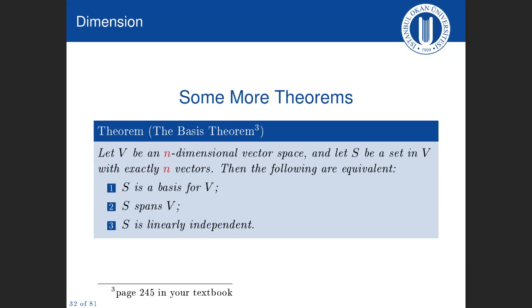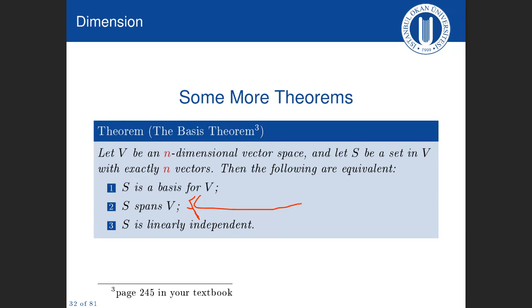Let's talk about some more theorems. First of all, let V be an n-dimensional vector space, and let capital S be a set in V with exactly n vectors. Then the following 3 conditions are equivalent: S is a basis for V, S spans V, and S is linearly independent. What that means is, if you know that S spans V, then you don't also need to prove that S is linearly independent.